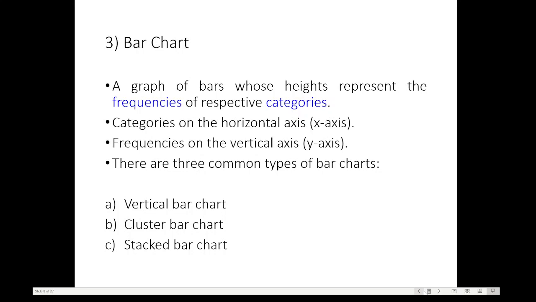Just remember that whenever you have a bar chart, it's not a vertical bar chart, so let me correct that here. We didn't call this a vertical bar chart. This is misleading information actually. So we cannot just say vertical bar chart. We only have what we call a simple bar chart.